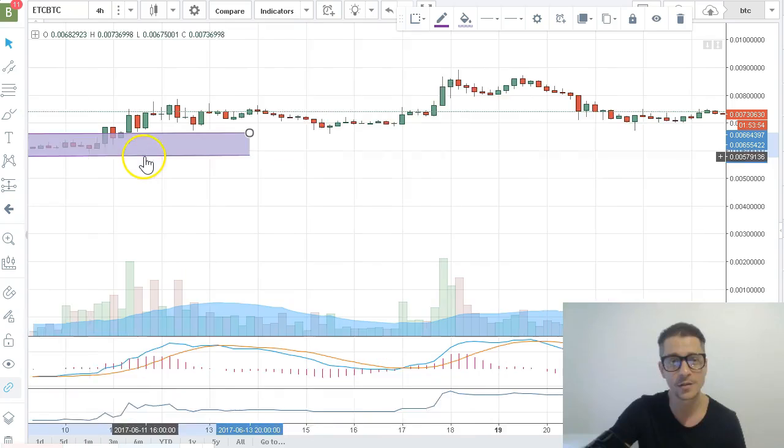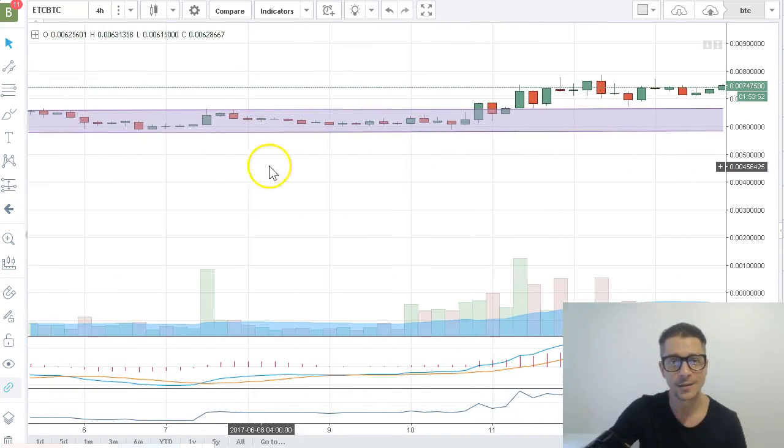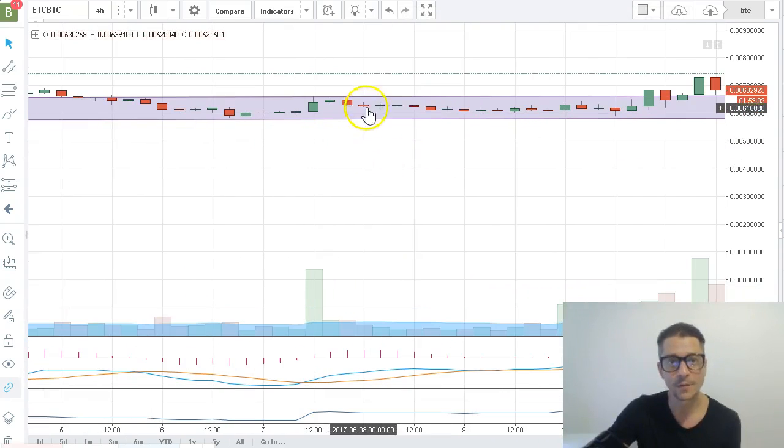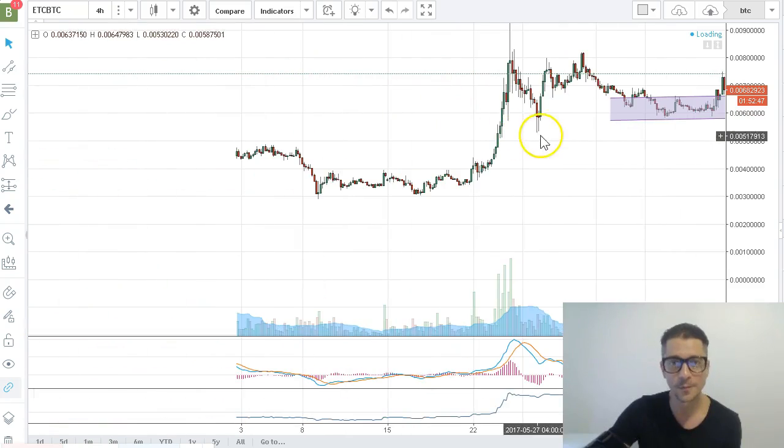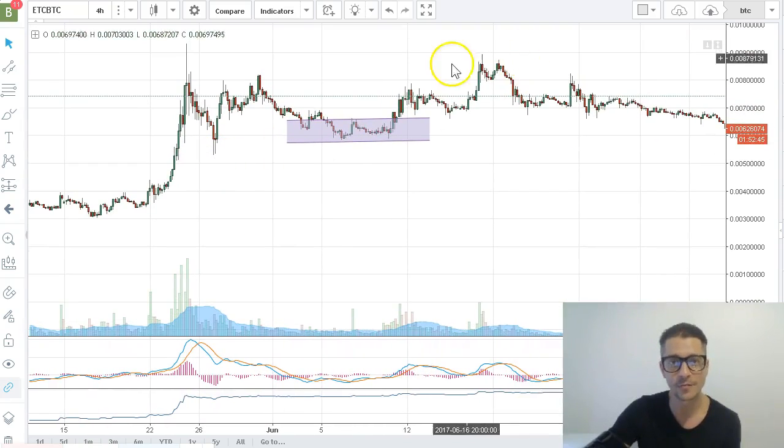Now within this area, if we zoom in, we can see that within this channel we actually have bottom and top prices. So this in itself is a support and resistance channel, but this is only in the short term. In the longer term, when we compare prices from these highs and these lows, we can see that this whole area is a support area.